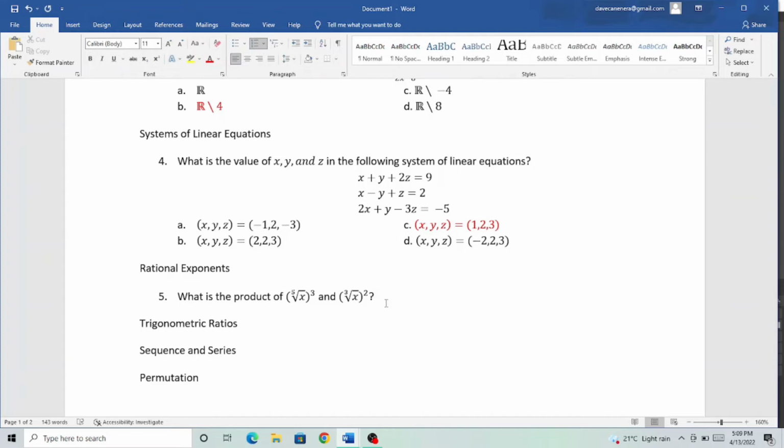So expressing its answer into a rational exponent, it is basically x to the power of 19 over 15, right? Because it is just x to the power of 3 over 5 times x to the power of 2 over 3, which is basically proven, right? So I'll be now simulating the answer choices, I mean.